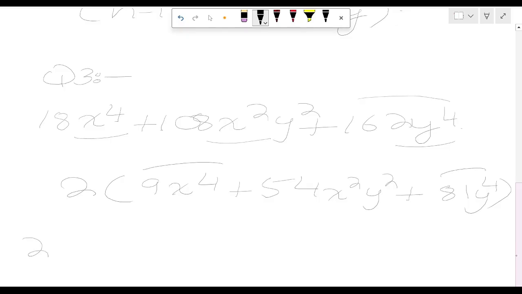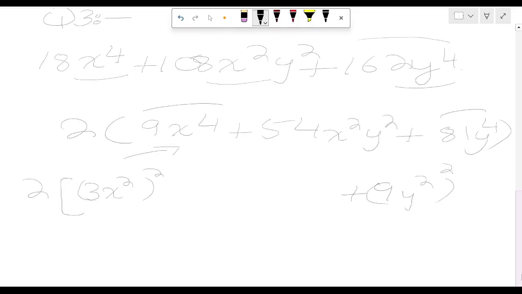So I'll write 2, and then I'll use this square bracket, and then I'll write 3x square whole square, because it is the same as 9x power 4, just in the expanded form. Then instead of writing 81y power 4, I'll write added with 9y square whole square.